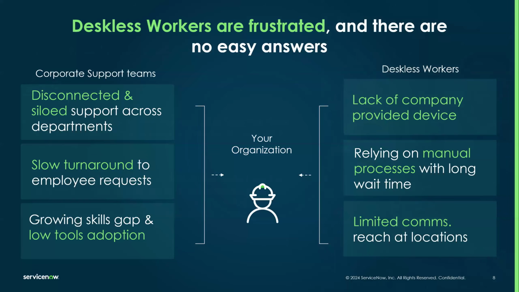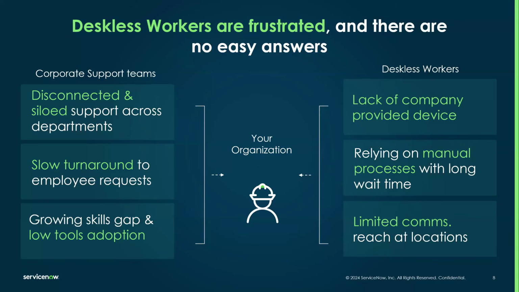And what we found when we researched across the different customers that we have and organizations that we work with is that corporate support teams on one end are struggling with a disconnection, not able to reach these workers in a unified way. There are silos across departments. There are so many manual processes that there is a slow turnaround to these requests.